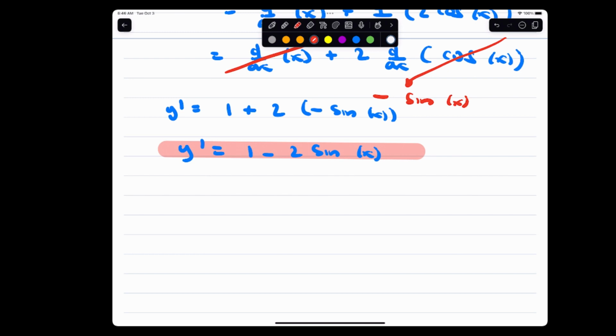Would it be wrong if we kept the 2 with the cosine in the derivative?